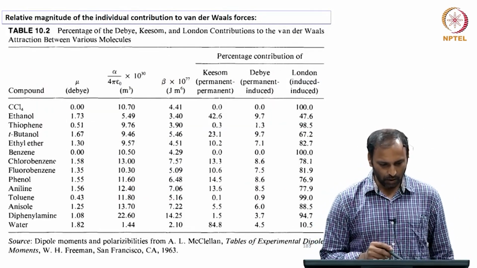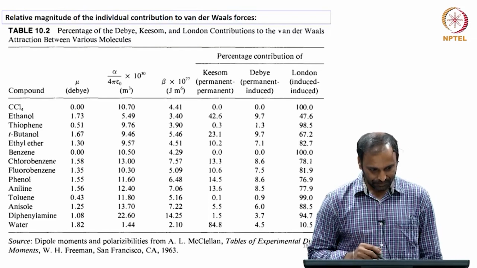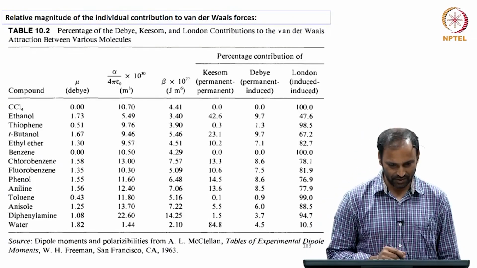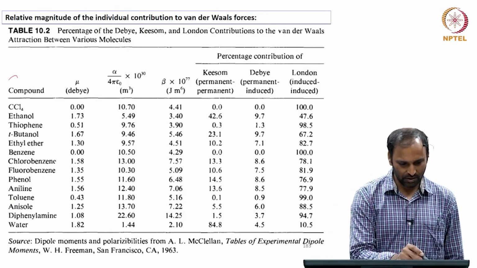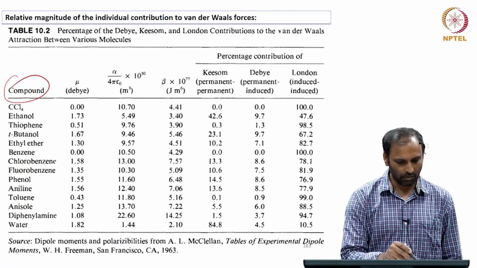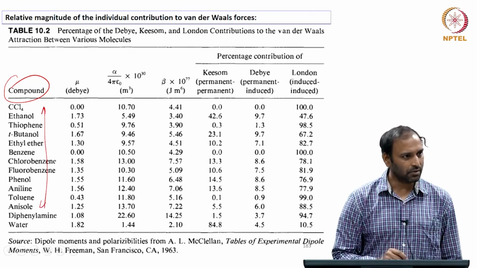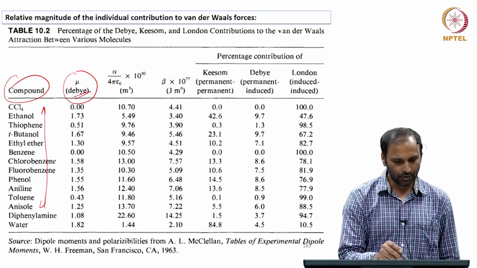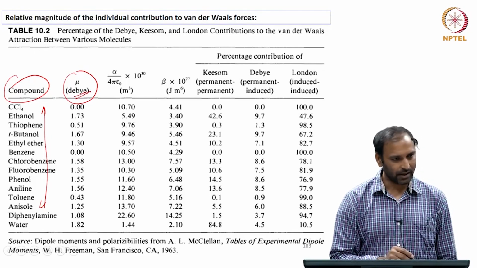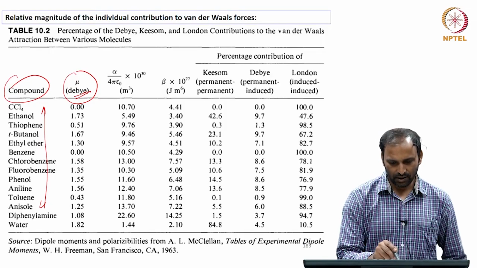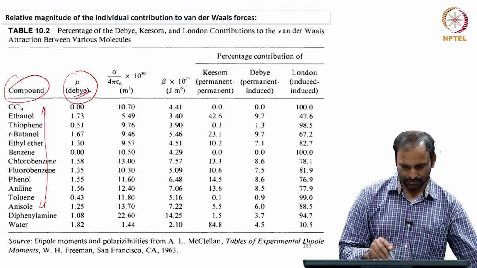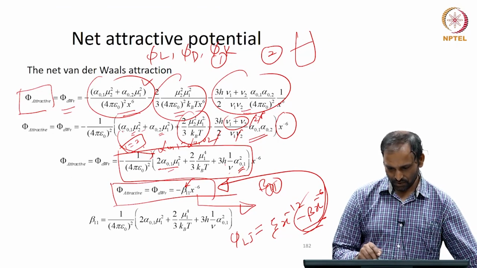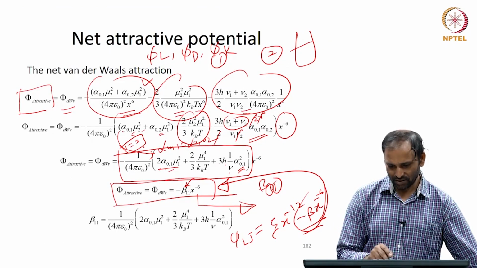So, this is a table. It is a really good table. I think you can learn a lot about van der Waals forces from this particular table. This is a compound, the molecules of interest to you, and that is mu, the dipole moment, its units are Debye.